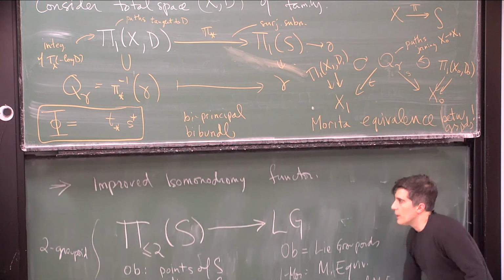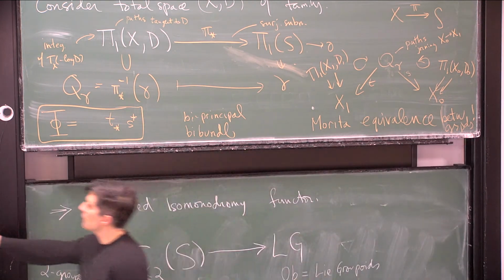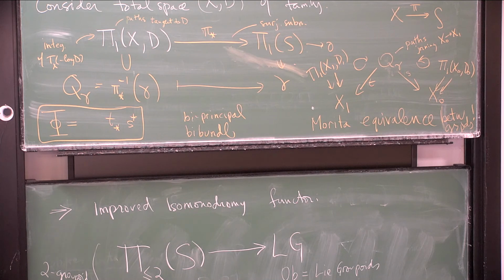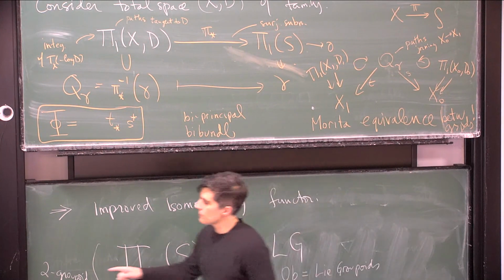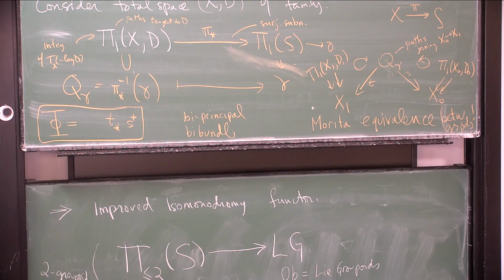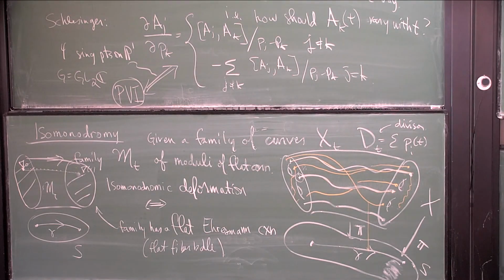So whenever you have a family of curves like this, X over S, we obtain this natural map. Okay? Each point of S has a curve associated to it. That curve has a groupoid associated to it. That's how the points are sent to the groupoids.